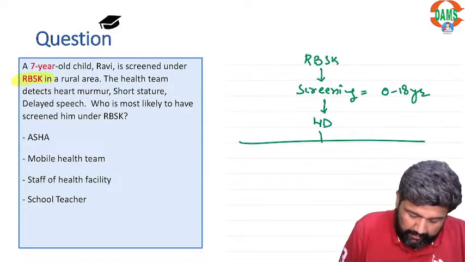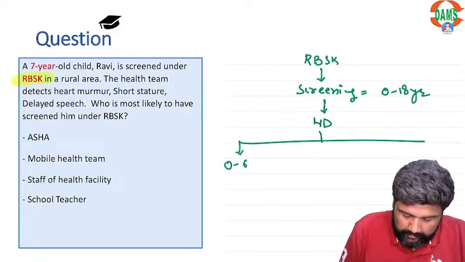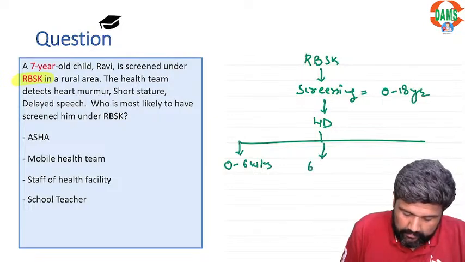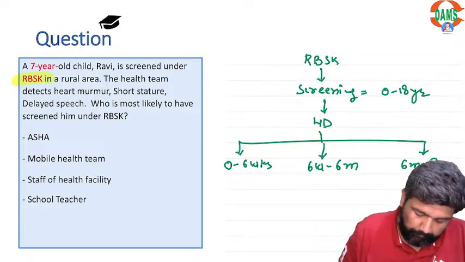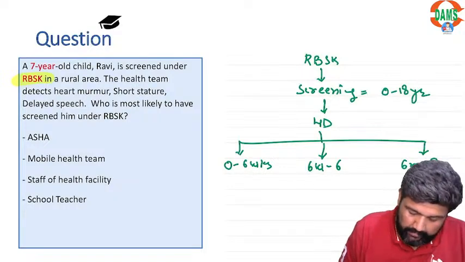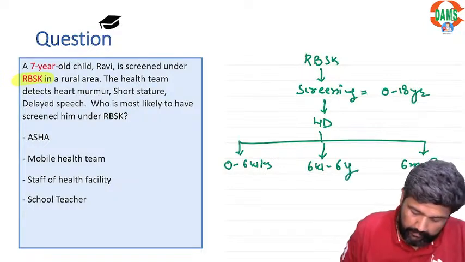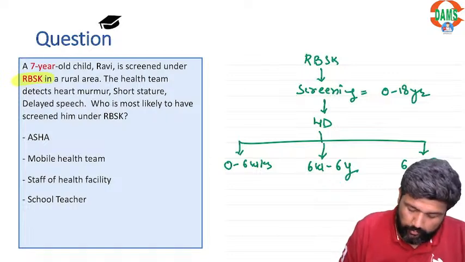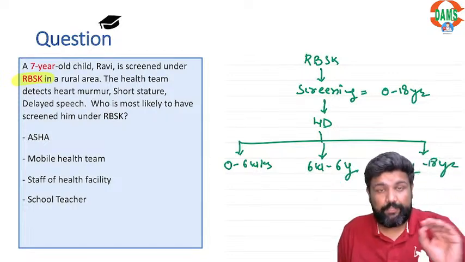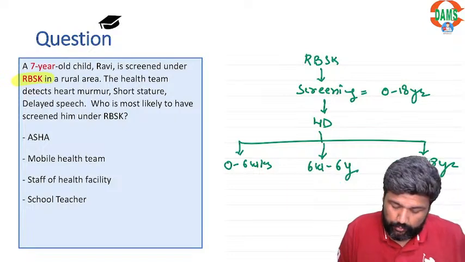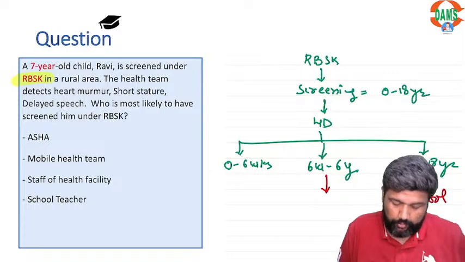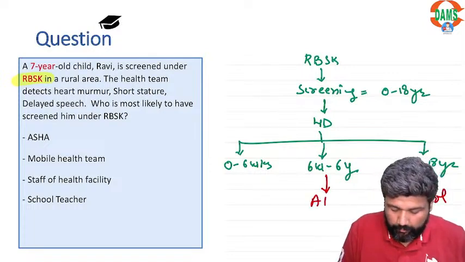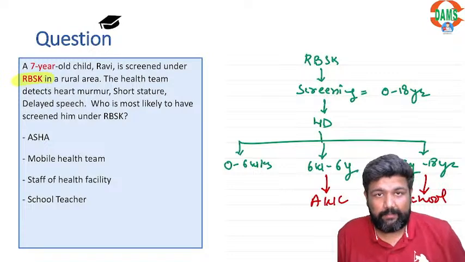If the child is 0 to 6 weeks, 6 weeks to 6 years, or 6 years to 18 years: a child aged 6 to 18 you will find in school. A child of 6 weeks to 6 years you might find at an Anganwadi center.